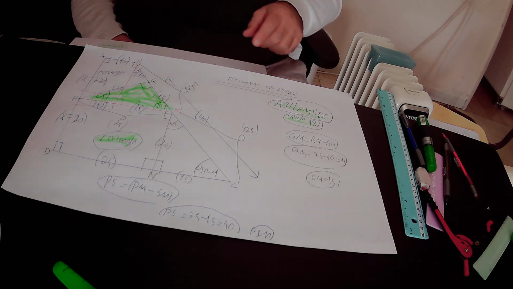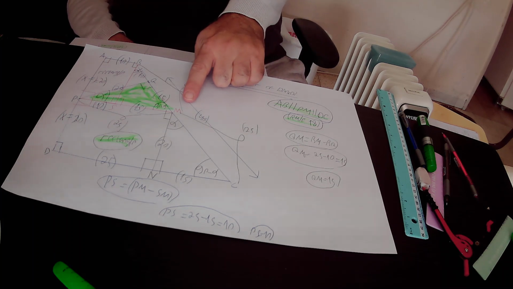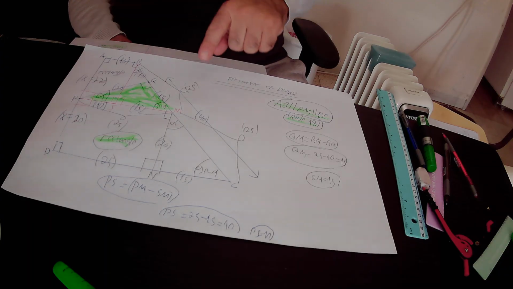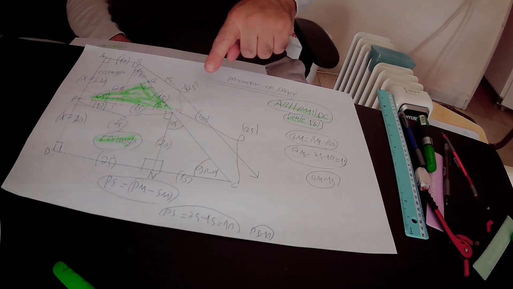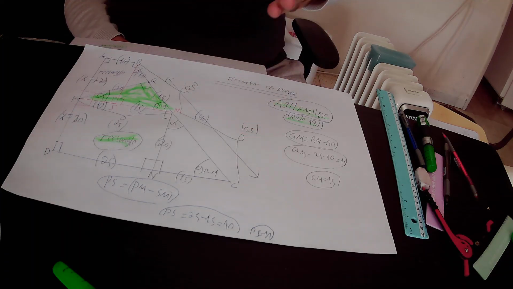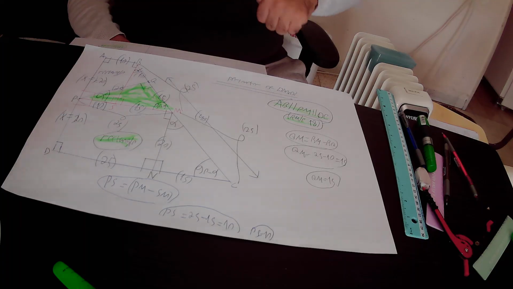So point M is the midpoint of BC. Why? Because at point M, BC has been bisected into two halves. The first half is BM, and it must be equal to the second half MC. Each half must be, of course, equal to BC over 2 because BC has been bisected.